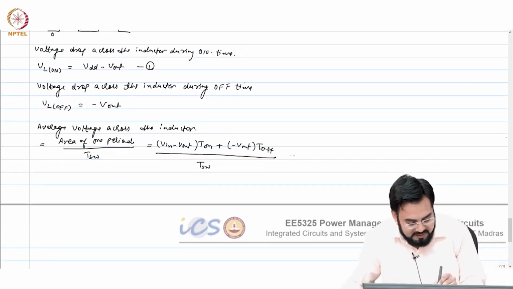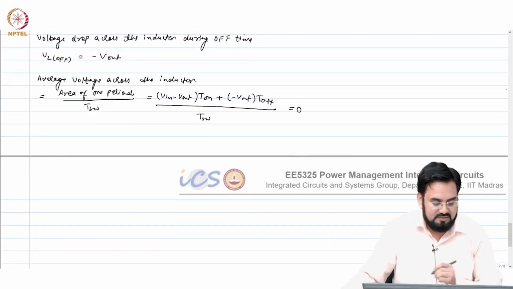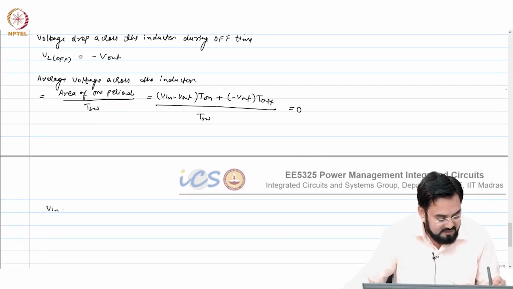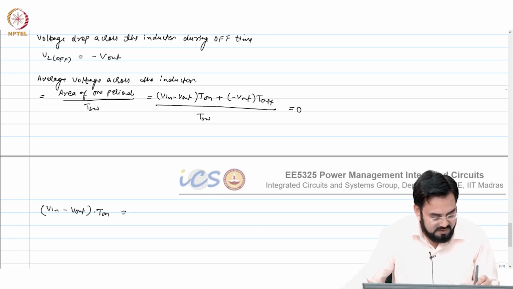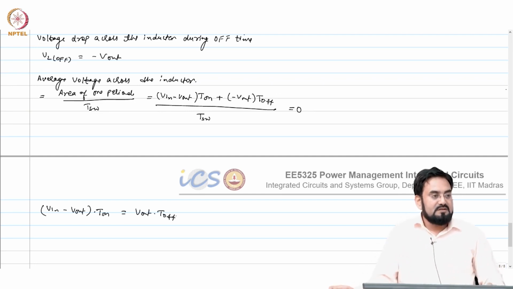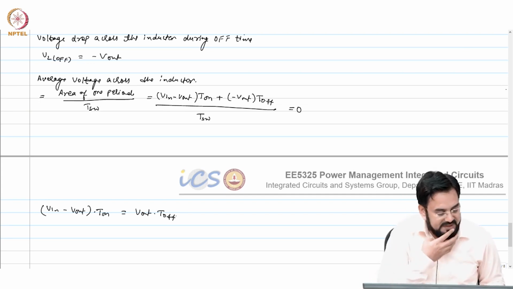And this must be 0. So, can I say (V in minus V out) times T on equals V out times T off, correct? So what does it mean?